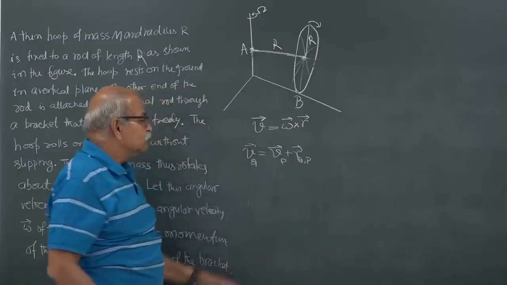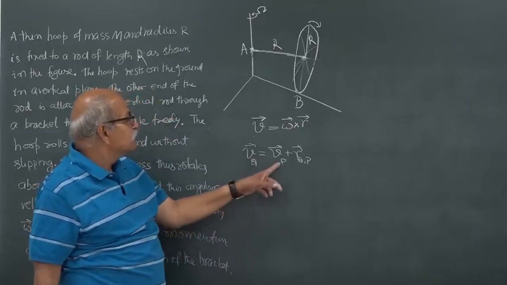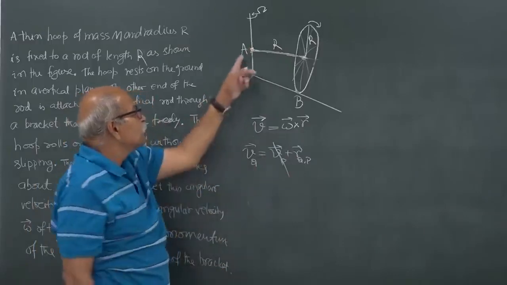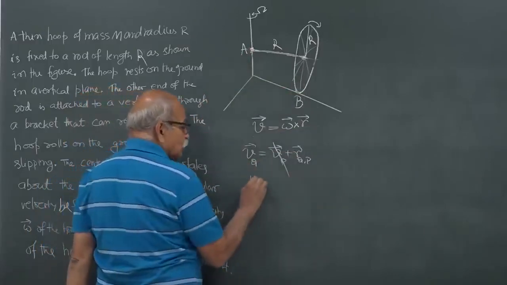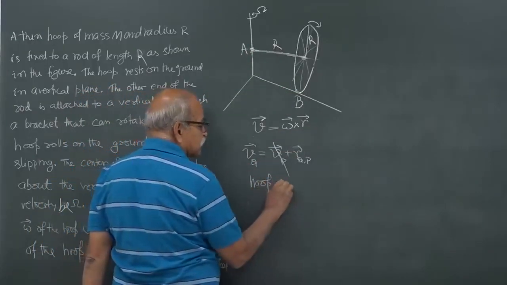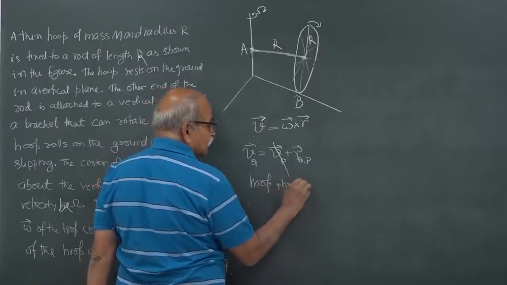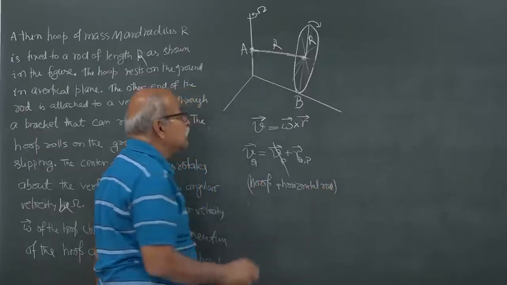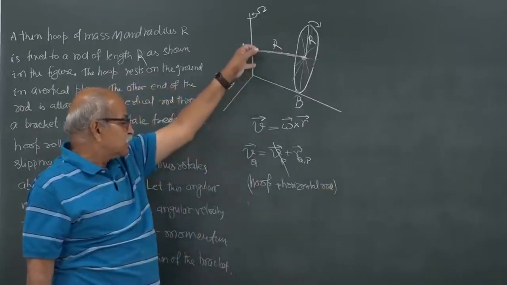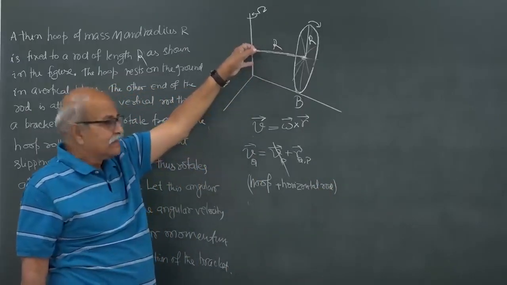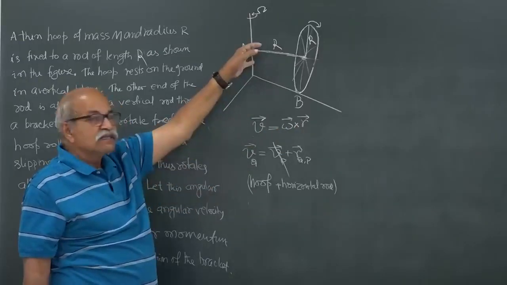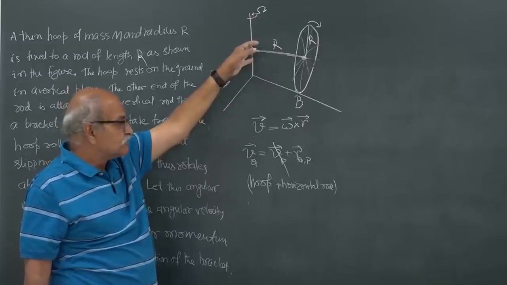But if you pick up the right point, and here we are picking the right point which is 0, this point is 0, this will be our system, hoop plus that horizontal rod. We will consider this as the system, and this will be our reference point, which is at rest, and therefore we have just v equal to omega cross r if I use this point as the reference.